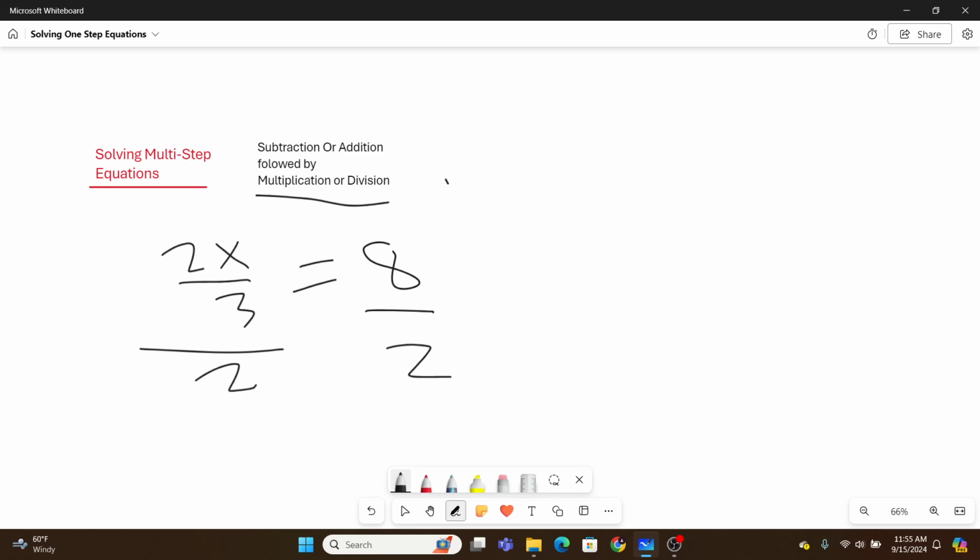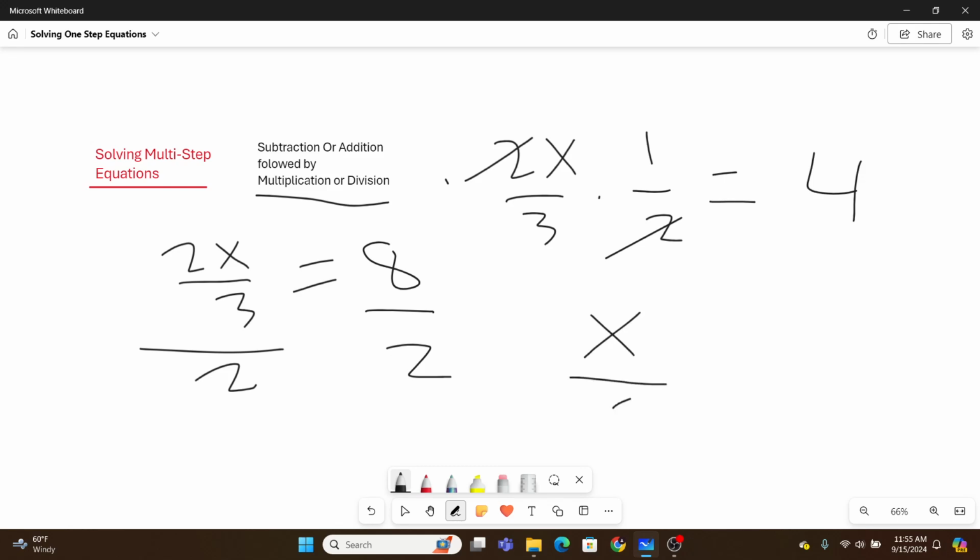And in this case, when you divide by 2, you are essentially multiplying by 1/2, because dividing by 2 is the same as multiplying by 1/2. And here you just get 4. So in this case, these 2s cancel out and all you're left with is x divided by 3 is equal to 4. And now you can easily just multiply by 3 and you get x equals 12.